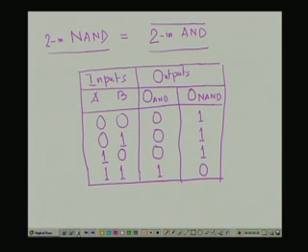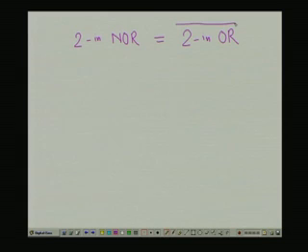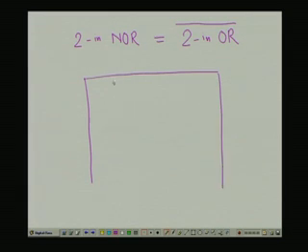Similarly, I can get the NOR, because a 2 input NOR is nothing but the 2 input OR complemented. In a similar way, I can draw the truth table.